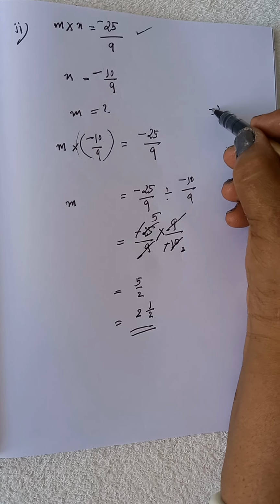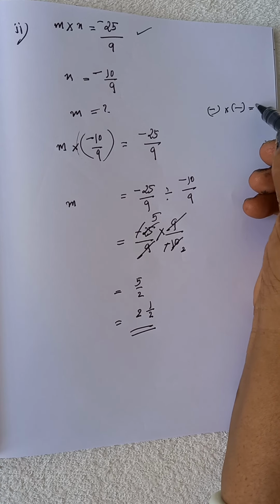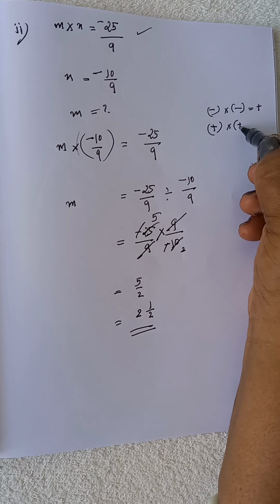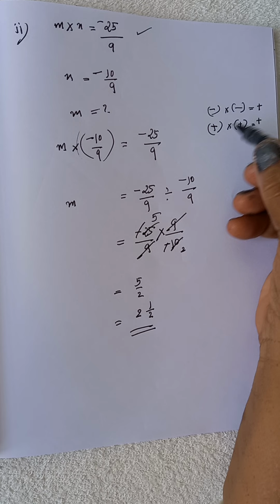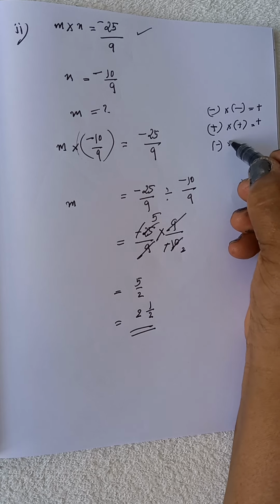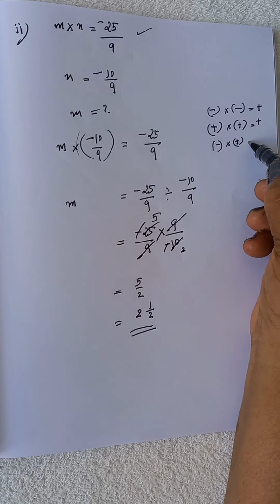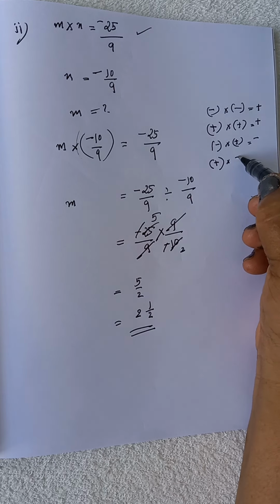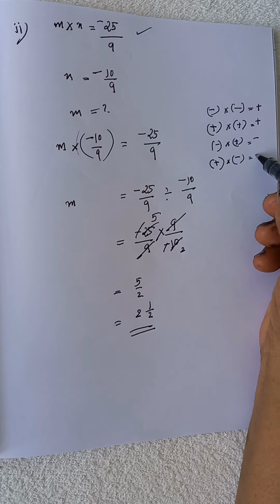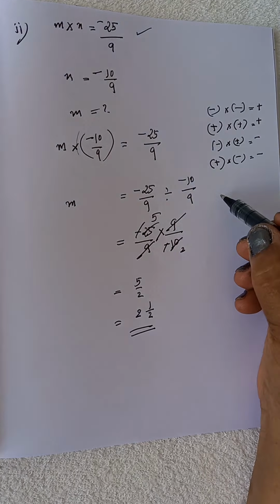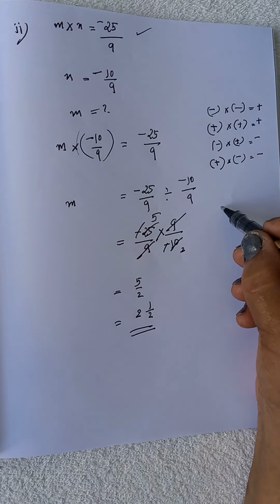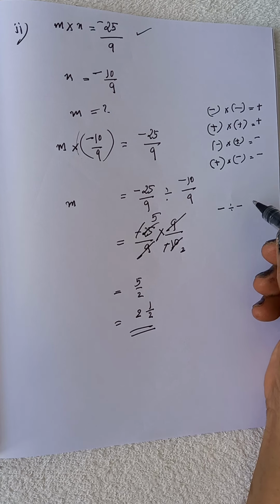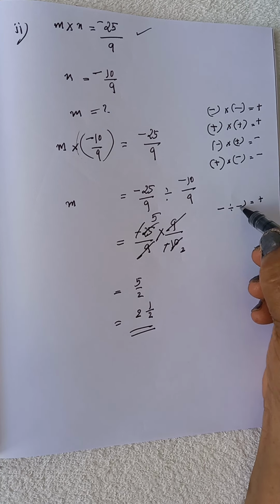So minus into minus will give you plus, plus into plus will give you plus, then minus into plus will give you a minus number, then plus into minus also will give you minus. Regarding division also, minus divided by minus, minus and minus cancel and that will give you plus.